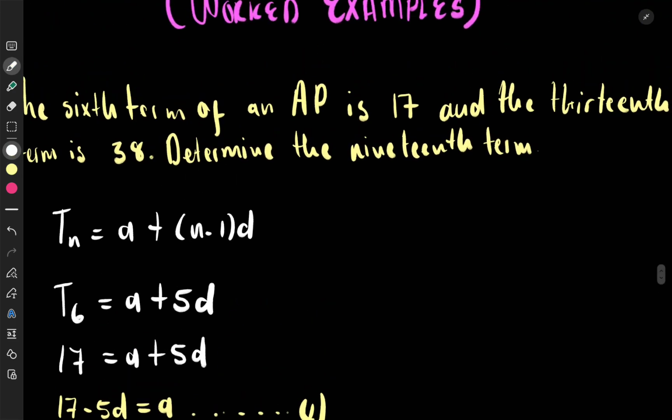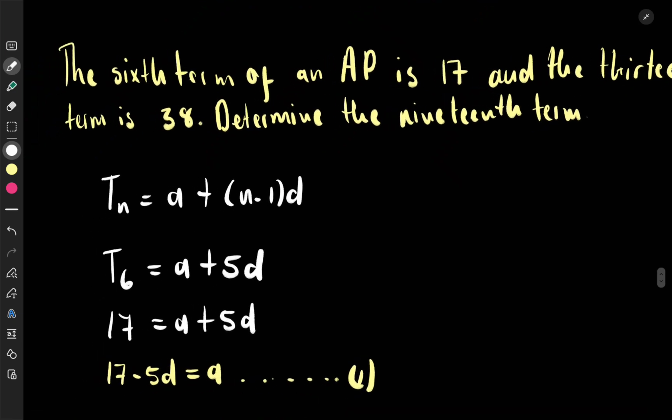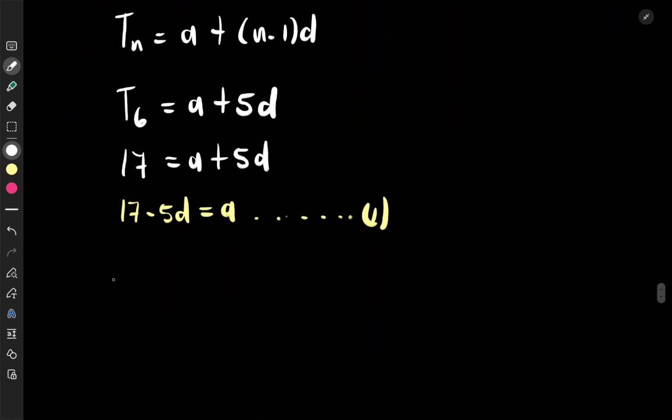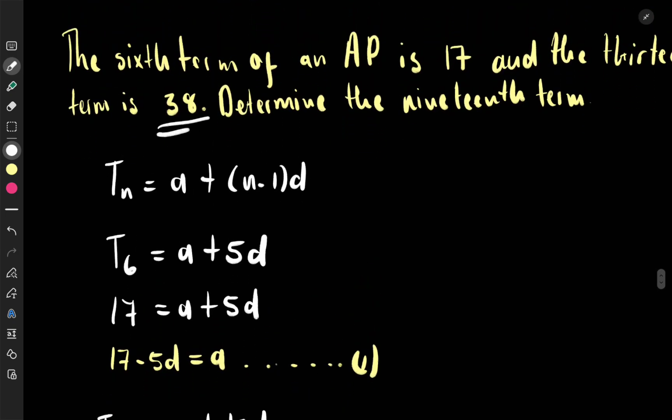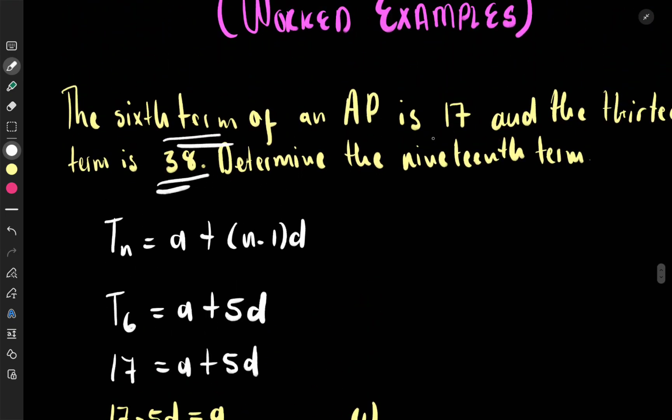So now what do they say again? They say that the 13th term is 38. So we can now go below and say term number 13 is equal to A plus 12D, right? And they told us it's 38. Just like here, they told us that the 6th term is 17.